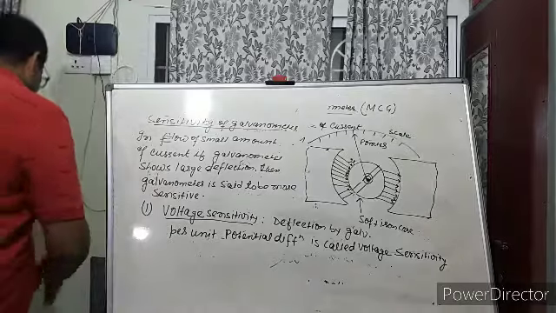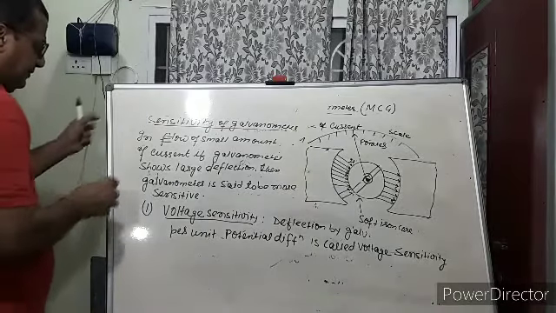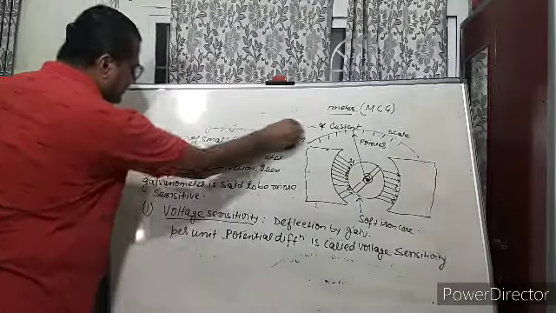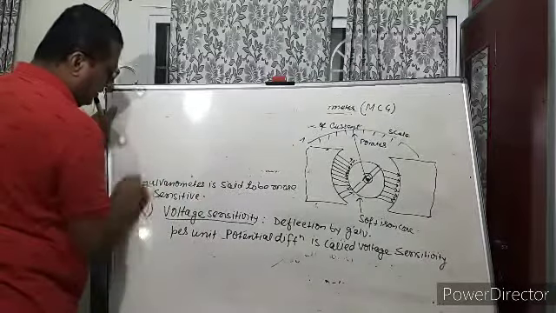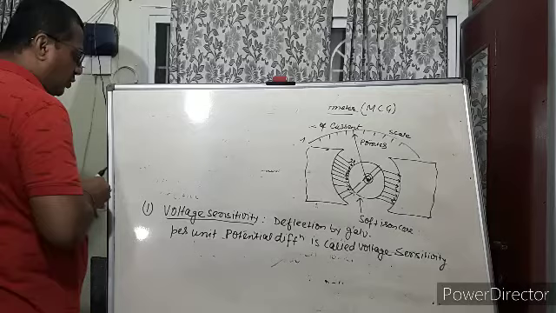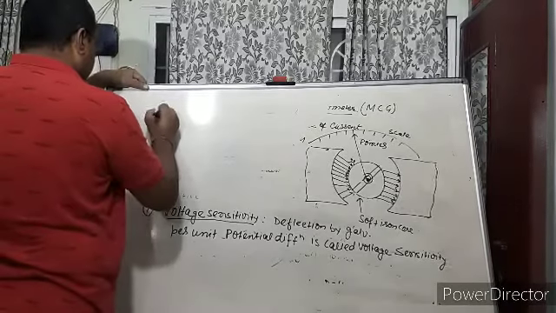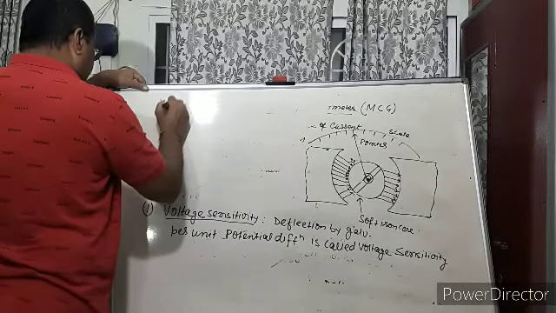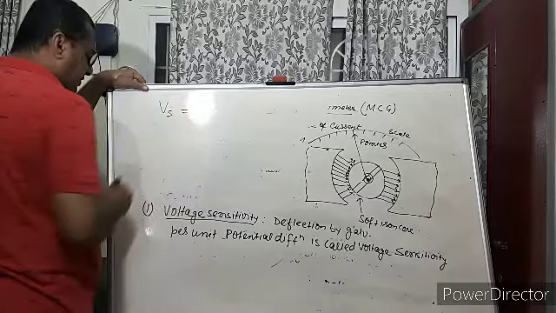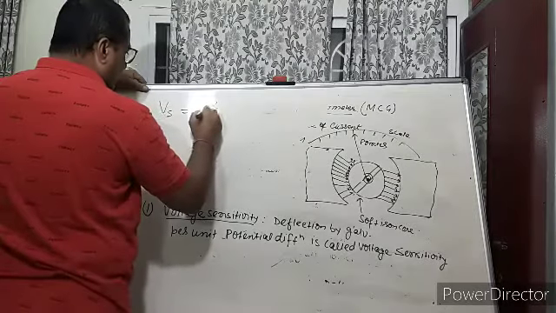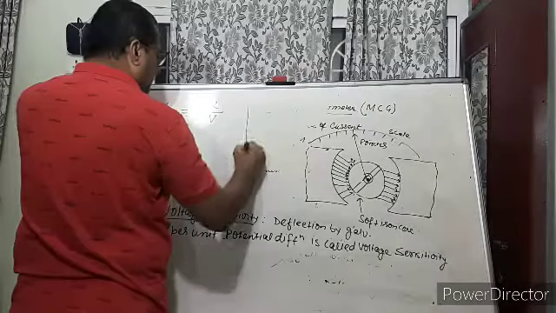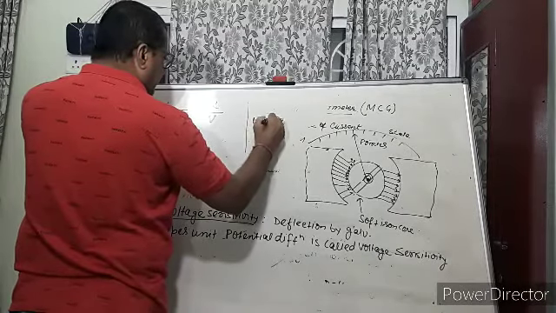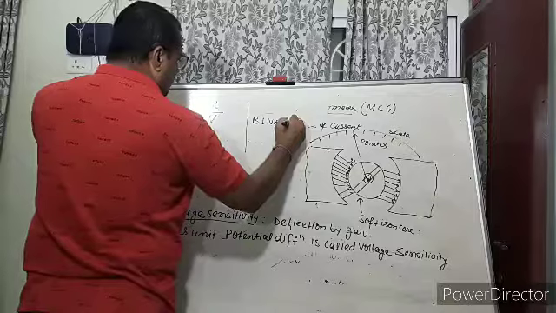So we can write here voltage sensitivity Vs is equal to deflection per unit potential difference. We know BINA equal to K alpha.